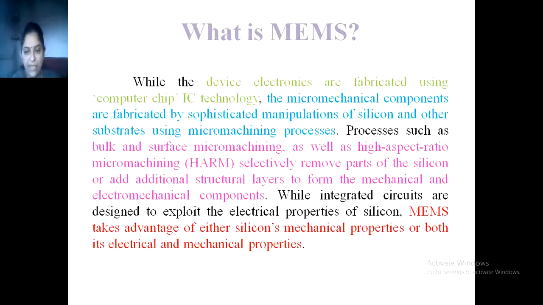While integrated circuits are designed to exploit the electrical properties of silicon, MEMS takes advantage of either silicon's mechanical properties or both its electrical and mechanical properties combined, and after that it will generate the integrated circuit, which is a batch fabricated MEMS device or system.